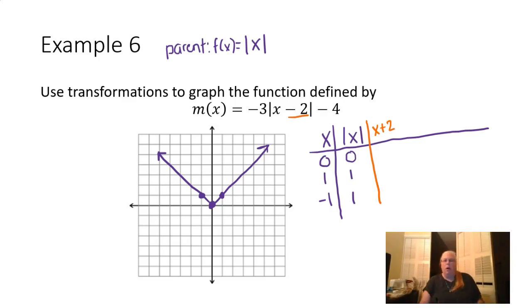We're not going to do anything with the y-coordinate. That's going to give me the point (2, 0), because 2 plus 0 is 2, and I keep that 0. 1 plus 2 is going to give me 3, and I keep that 1. And negative 1 plus 2 is going to give me 1, and I keep that 1.